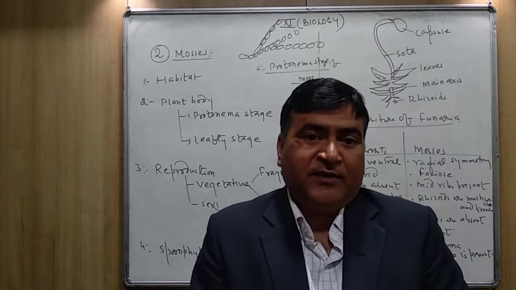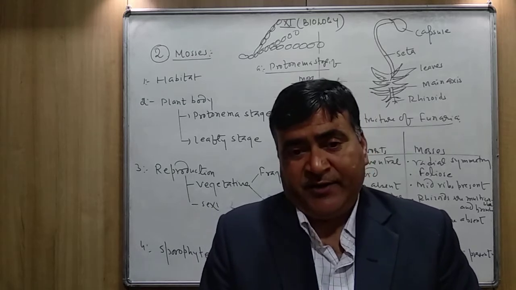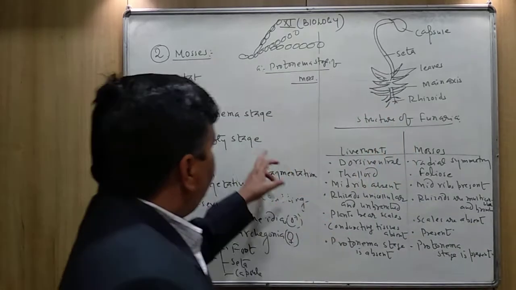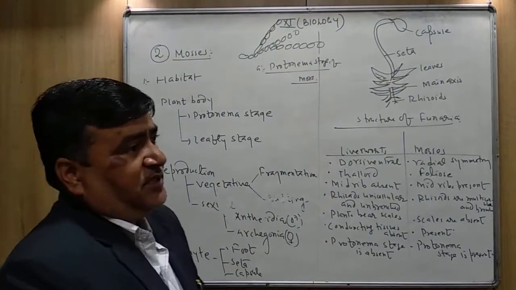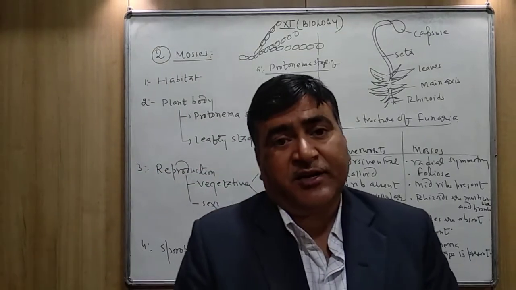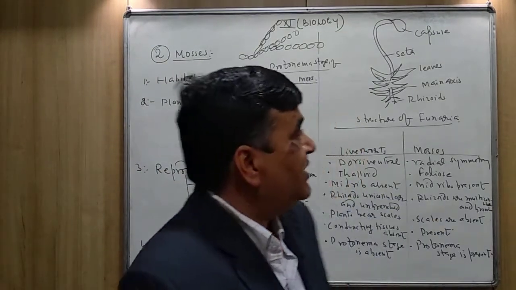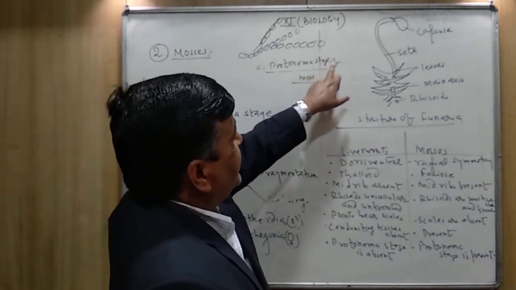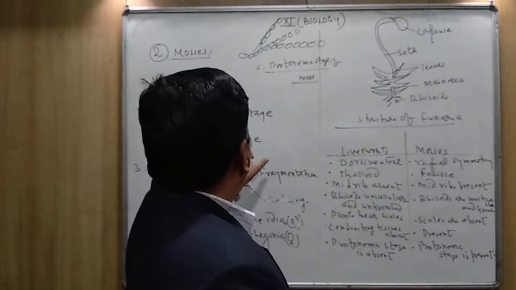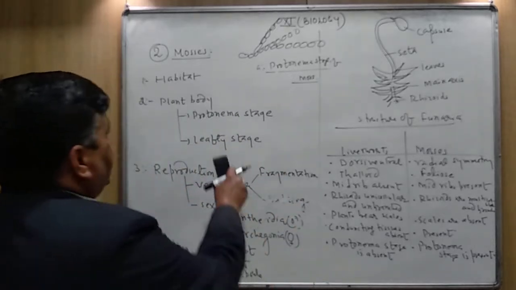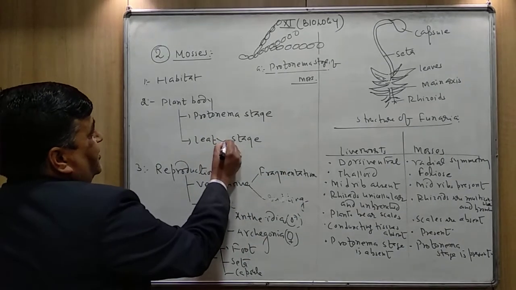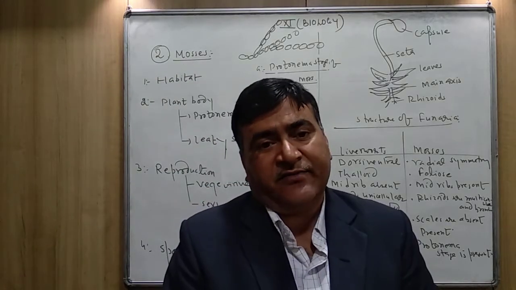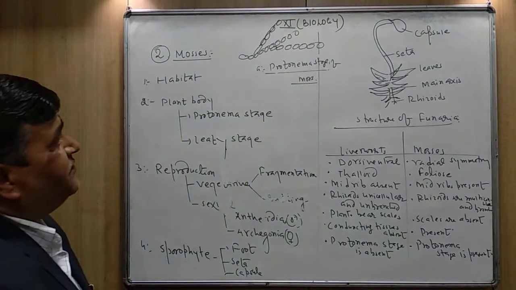In all cases, the main plant is the gametophyte. But here in mosses, like Funaria, two stages come in the life cycle. How many stages are there? Two: protonema, and the second one is the leafy stage.